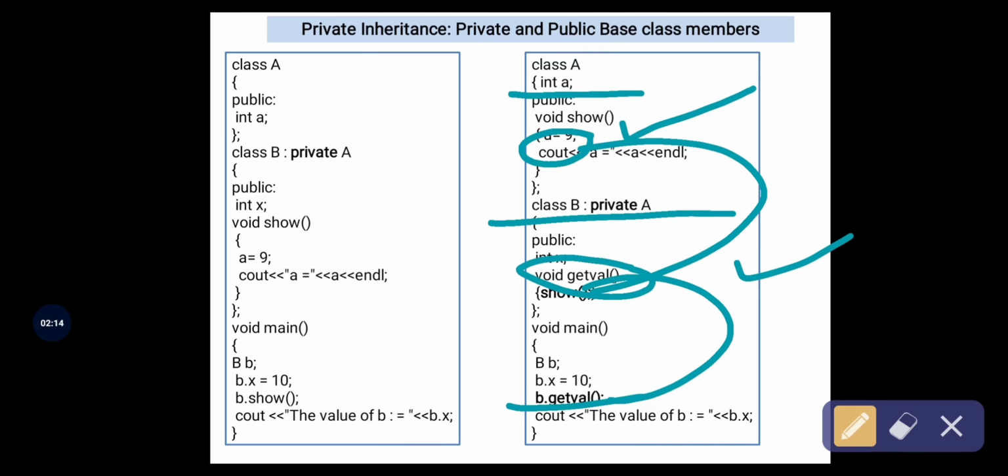Now, the disadvantage of this method of private inheritance is that you need to write a lot of code in order to access the private data of the base class. This is exactly the reason why there is the third access specifier, which we haven't discussed in detail, and that is the protected keyword.